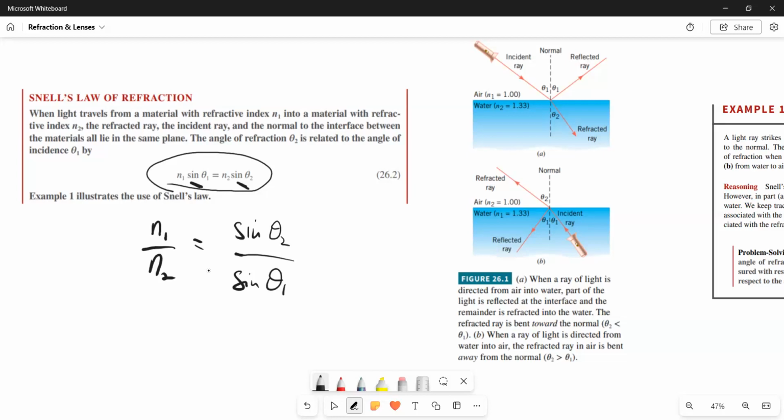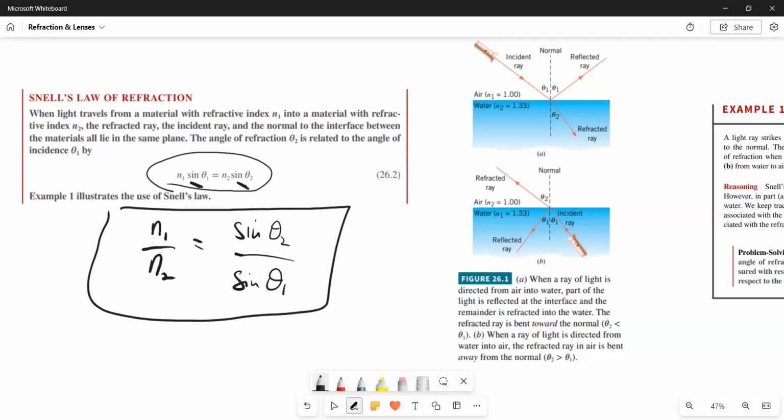So if you open some textbooks, you'll see it written like this and not like that.